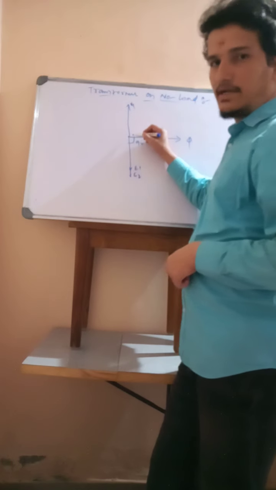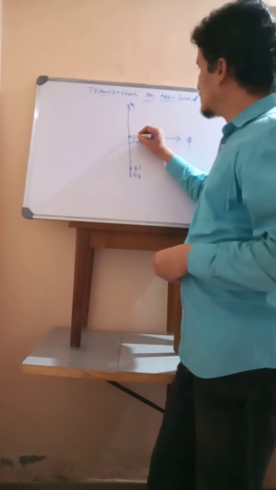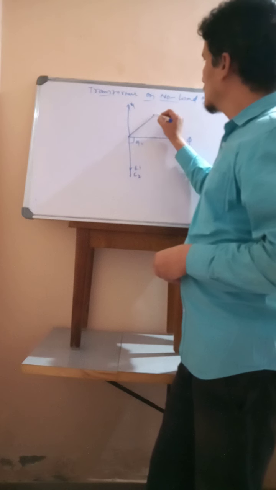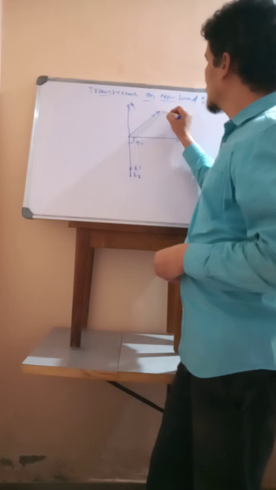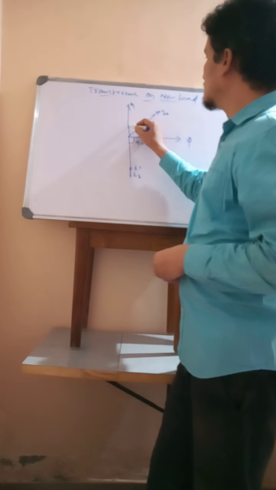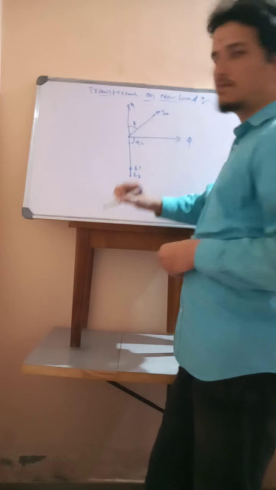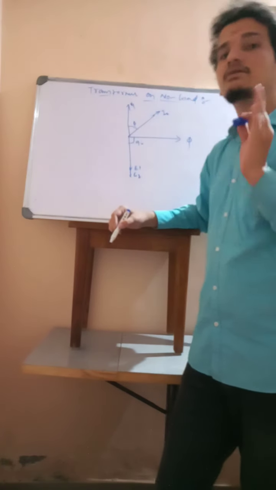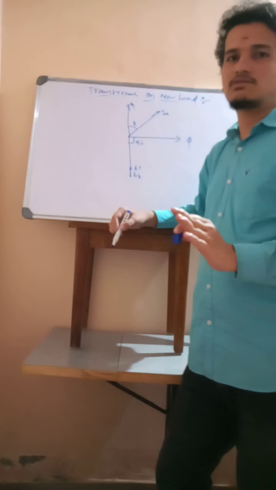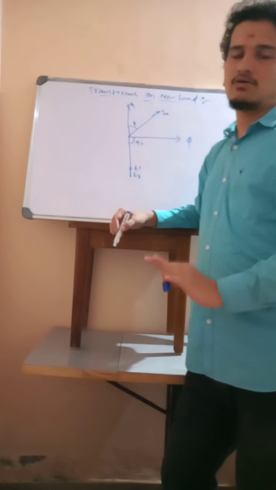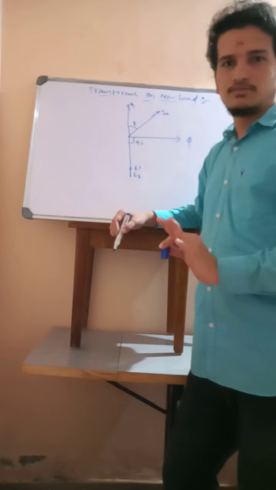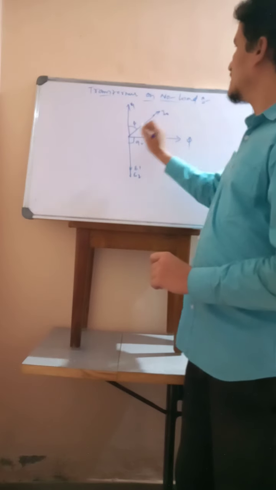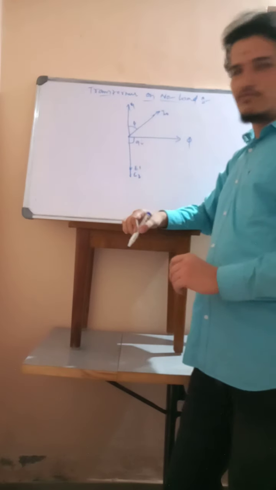And what about current I naught? I naught will be lagging the primary voltage by an angle phi. Why am I taking lagging? Because the transformer is inductive. Not purely inductive, it will have some resistance, but it is inductive. That's why I am taking lagging by an angle phi.